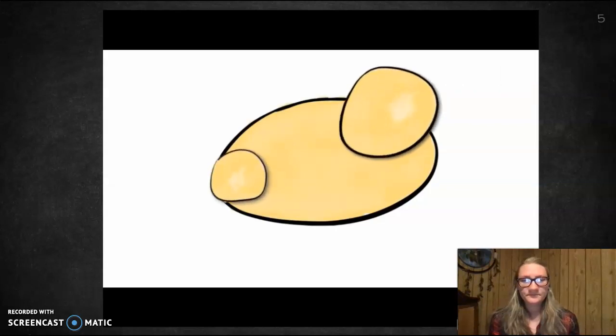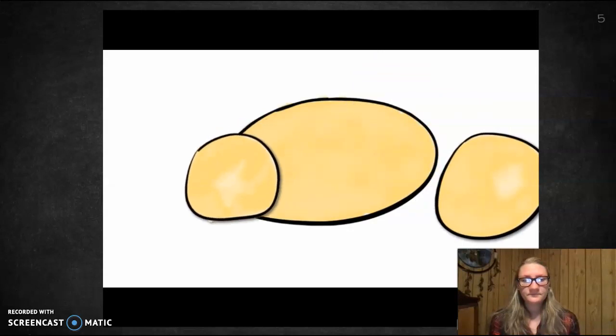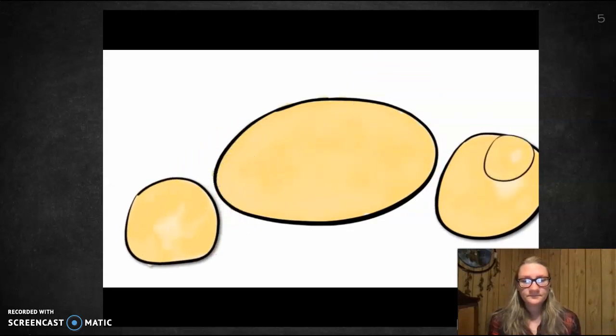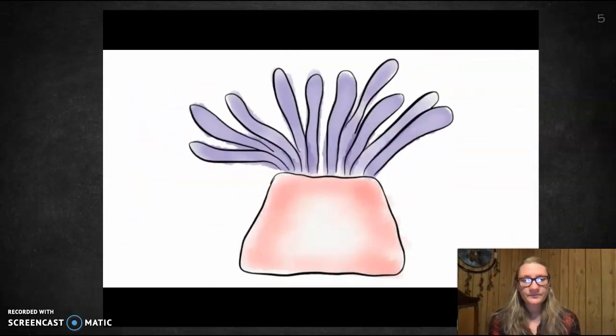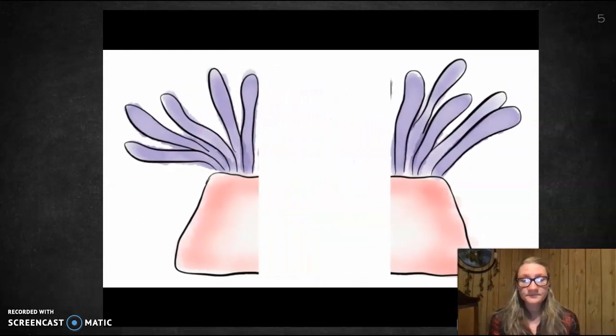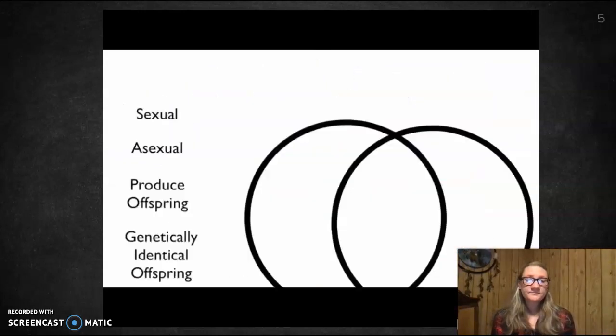Unicellular yeast cells grow new cells off the side of another. When the cell is developed, it falls off, and a new yeast cell is produced. Some organisms produce offspring by splitting into pieces. A sea anemone can split down the middle, resulting in the production of another individual.